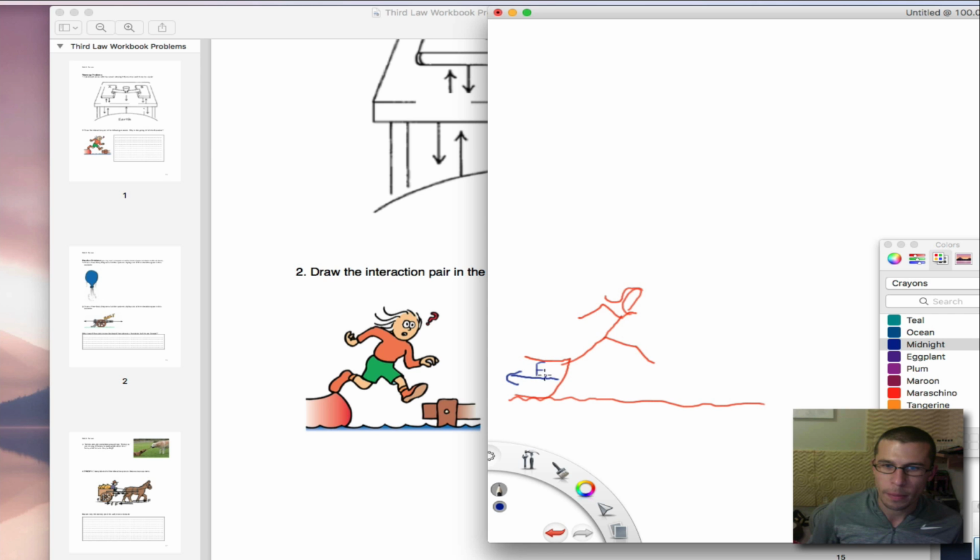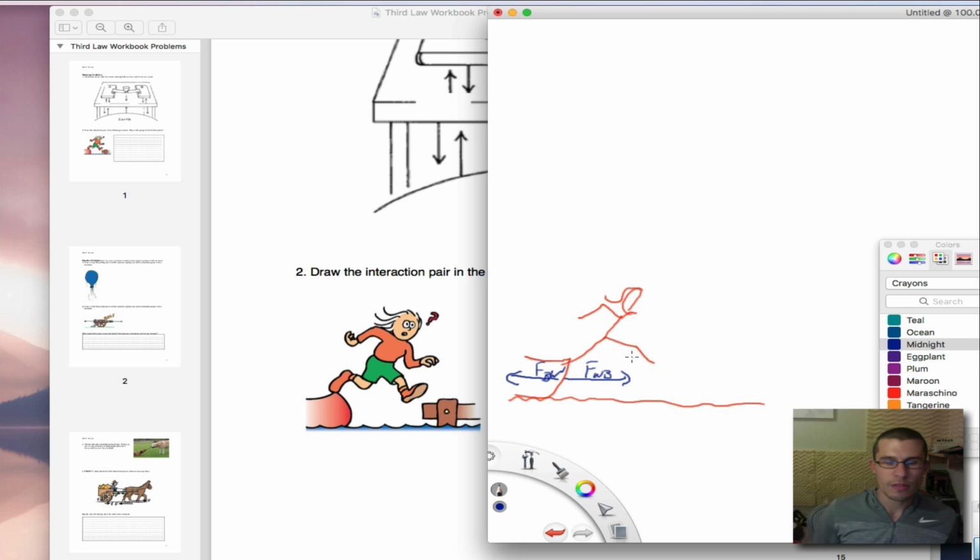This is the force on the boat due to the woman, so F_BW. Now the force on the woman due to the boat is going to be equal and opposite, right?